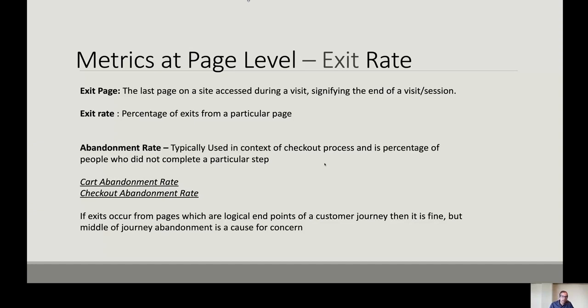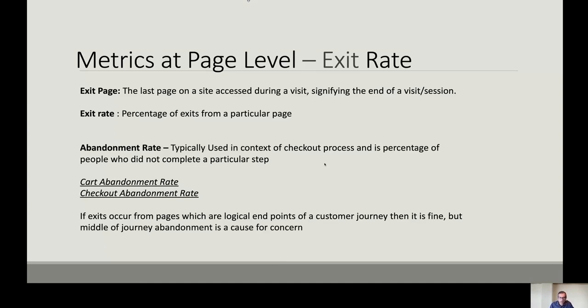A special name is given to exit from a page when a user is in the middle of an important process, like a checkout process. And then the percentage of people who exit from the middle of the process and do not complete this process is called abandonment rate.